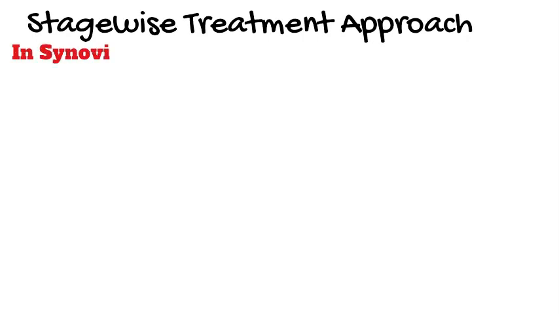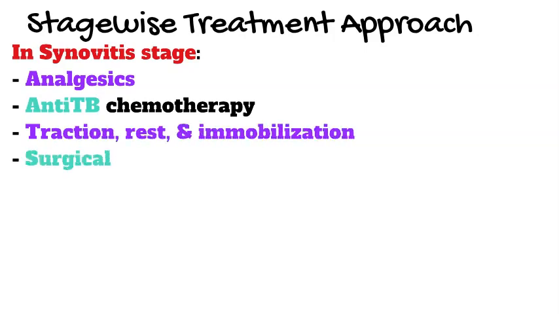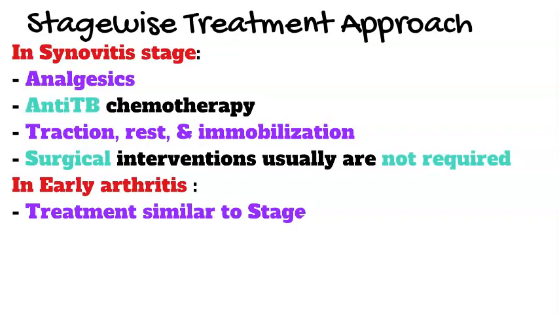For the stage-wise treatment approach, in the synovitis stage, the treatment includes analgesic, anti-TB chemotherapy, traction, rest, and immobilization. Surgical interventions usually are not required.